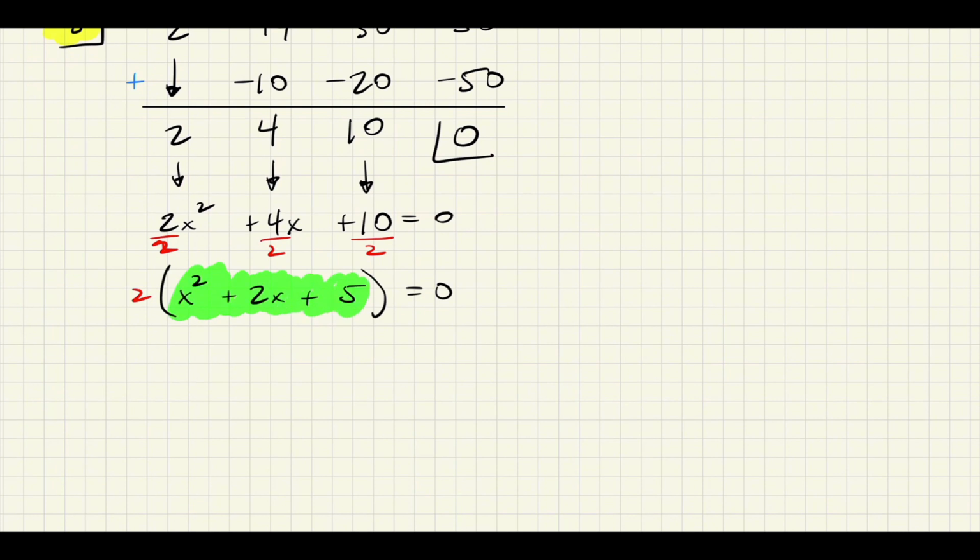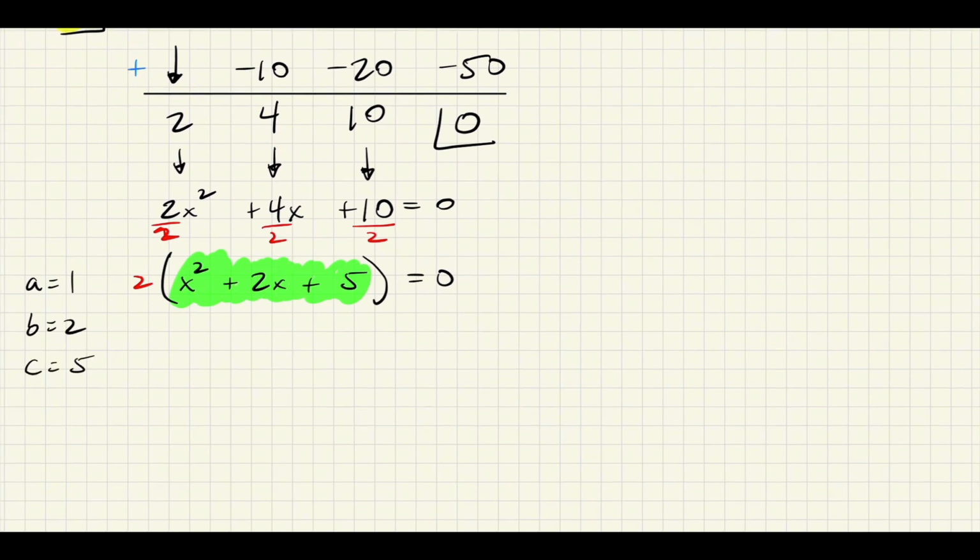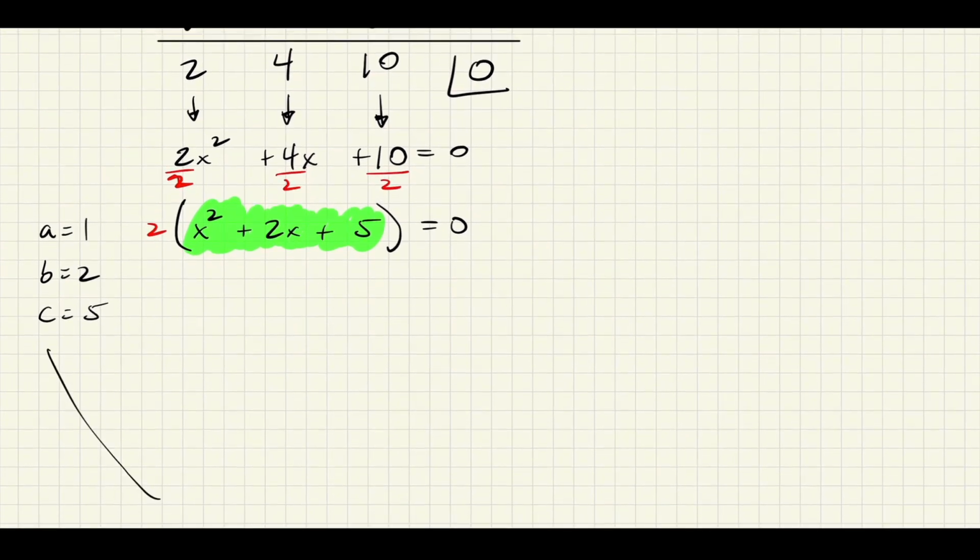Okay, ABC. Since A is 1 and C is 5, multiply them, you get 5. B is 2. What are the two numbers that multiply to be 5 but add to be 2?